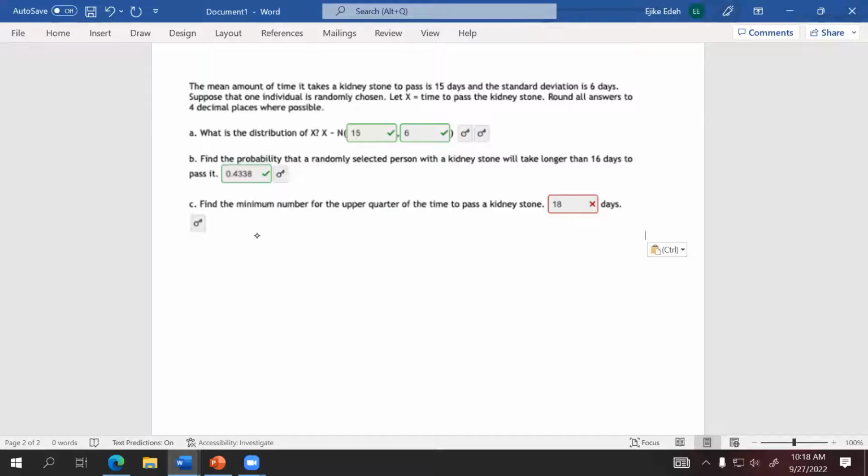This is similar to what we have been doing, but we do it for illustration as well. If you have your distribution drawn, you know that the middle point is 15 days, and the standard deviation is 6. The question is asking, what is the probability that a randomly selected person takes longer than 16 days? If 15 is there, maybe 16 is here, it's a sketch.